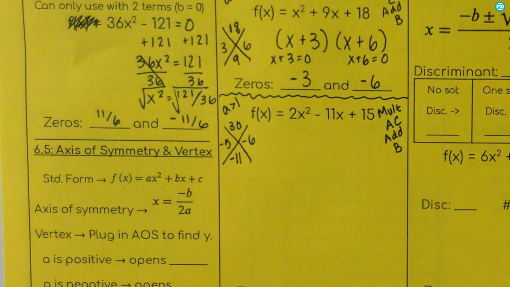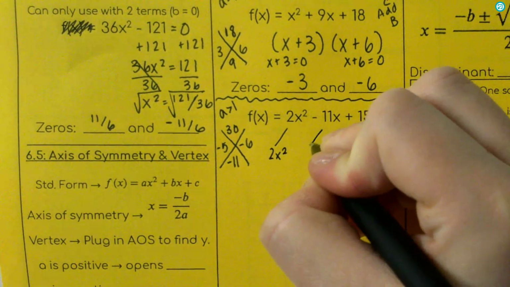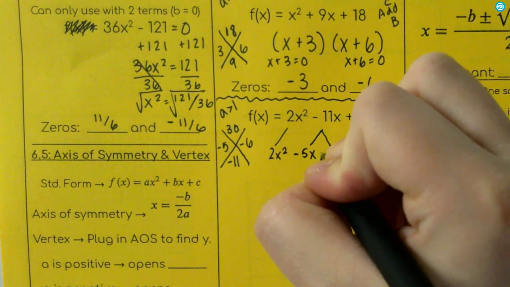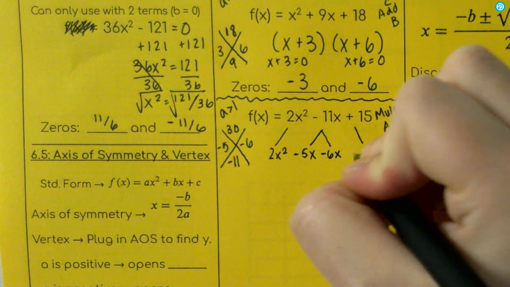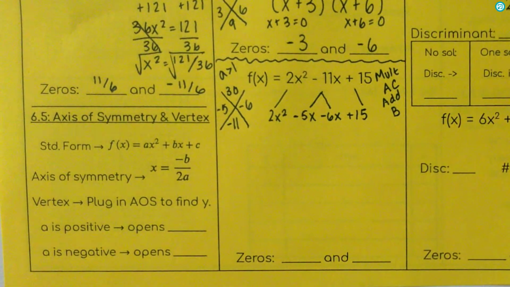Okay. We are going to take that -11x then, and we are going to split it. So we'll keep our 2x squared the same. We're going to split our -11x into -5x minus 6x, and then we'll keep our plus 15. Okay.